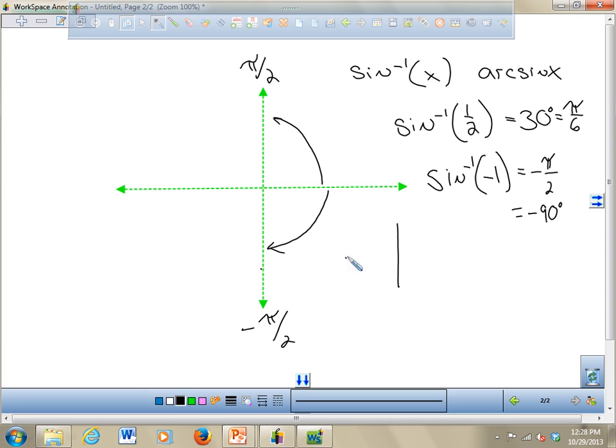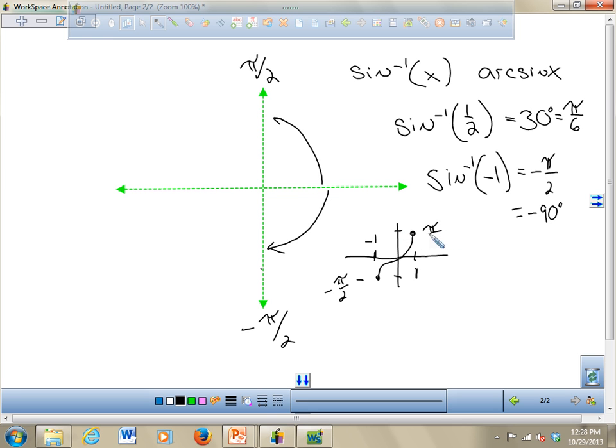Because when I graph inverse sine, and I'll show you this in a minute, the graph looks like this. The only values I can plug in are from -1 up to +1, and the y values that I get out go from -pi over 2 up to positive pi over 2. So this mark up here is positive pi over 2.